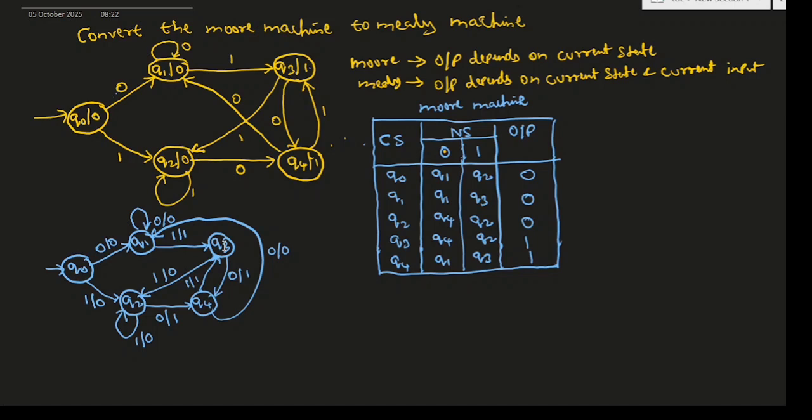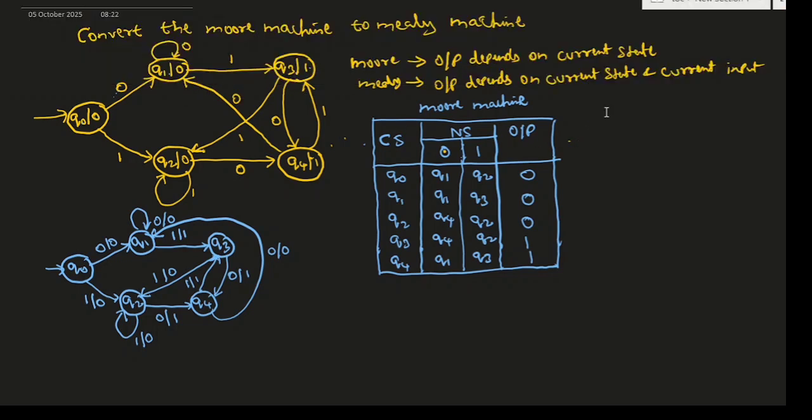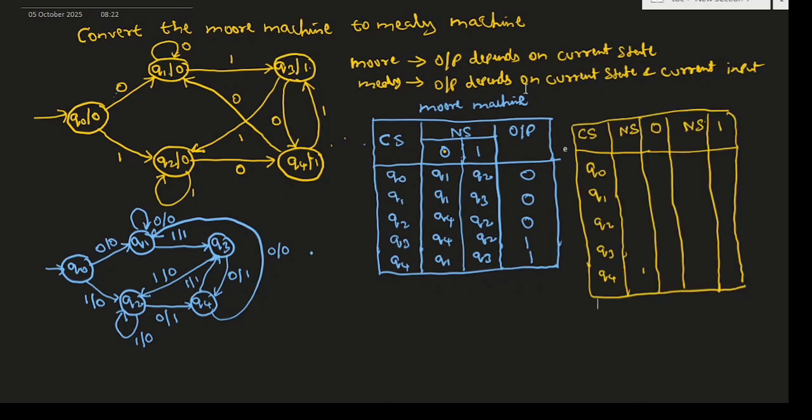So I will put a transition table here, using a different color in this case. Now we have outputs like this. This is the table format for Mealy emission.